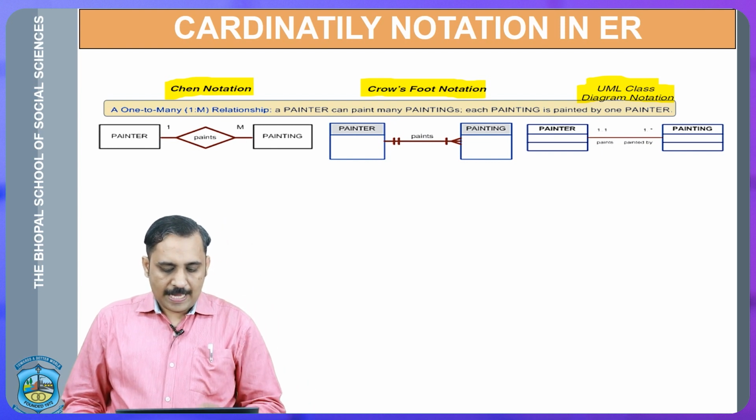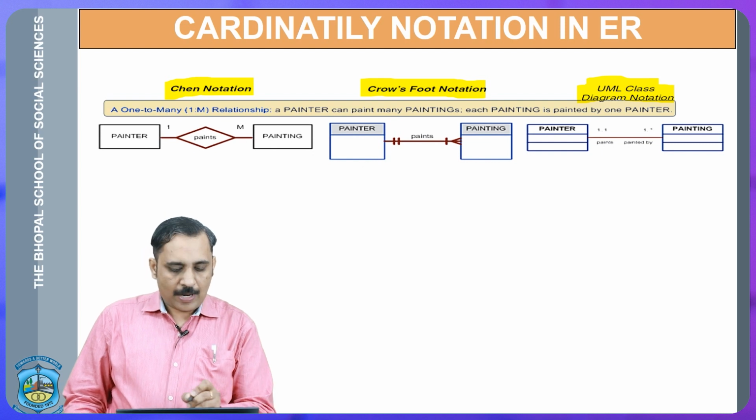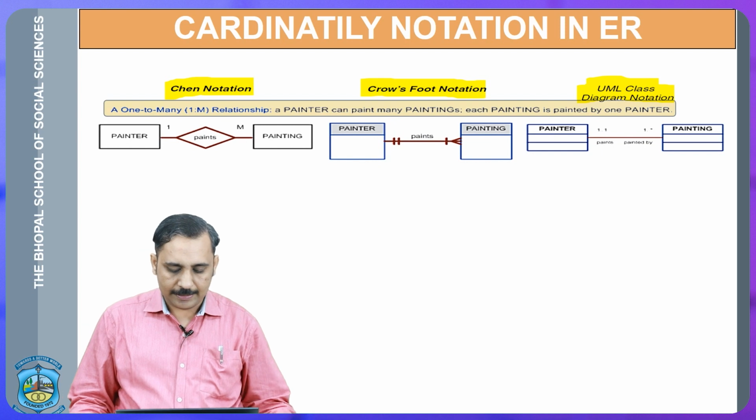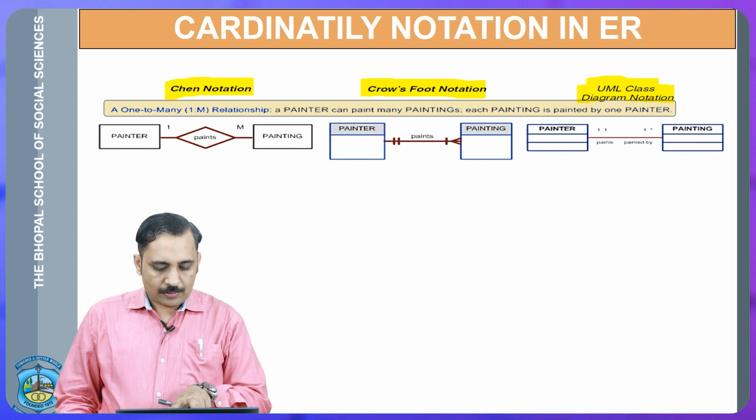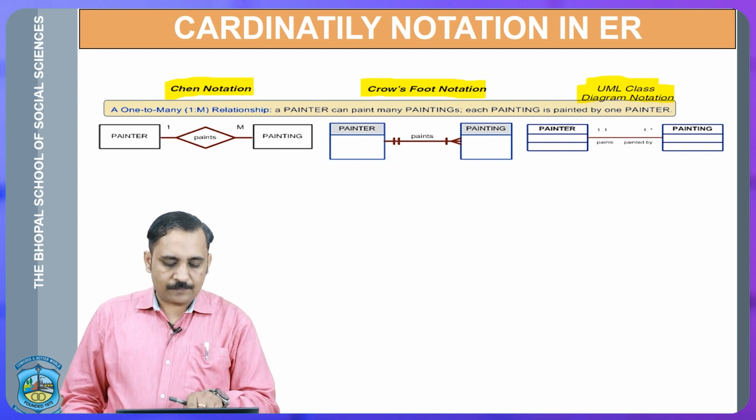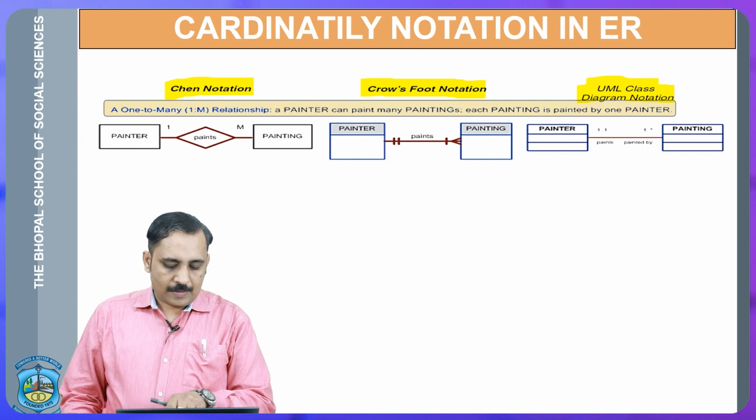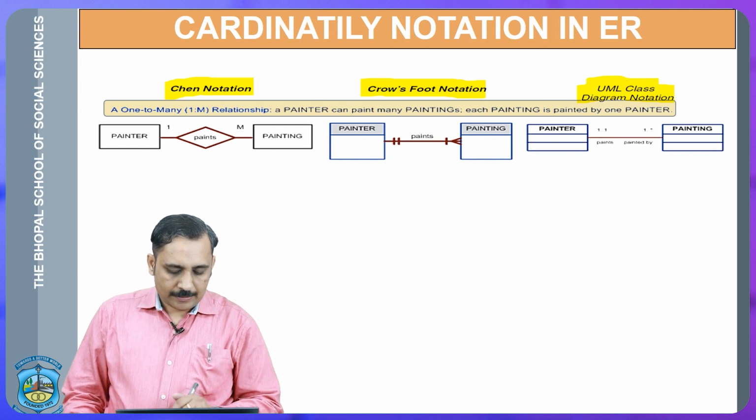In Crowfoot, we have a representation like this. Entities are represented, but we have to highlight the entity. Suppose here we have painter and another entity is painting. So we have to write their names, then we leave a space blank here. We link them together using a line.